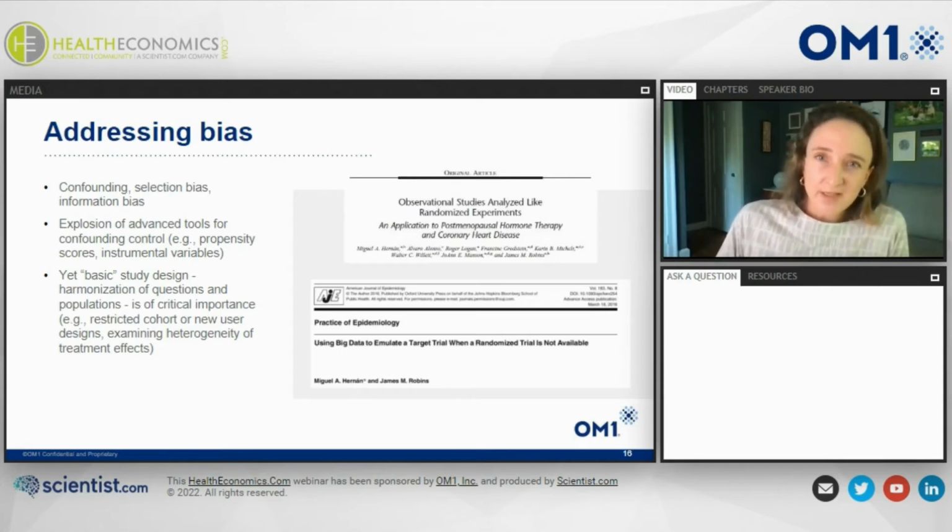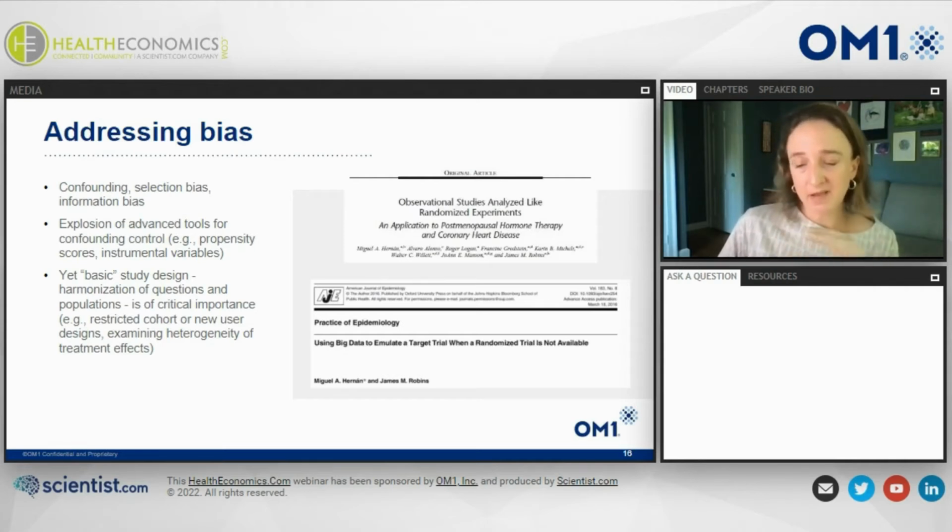And what's been particularly exciting is that as RWD has proliferated, thinking back to that Excel graph I showed with those PubMed hits, in step with the proliferation of RWD has been the proliferation of methods to offer more advanced tools for confounding control and other types of bias in real-world data.